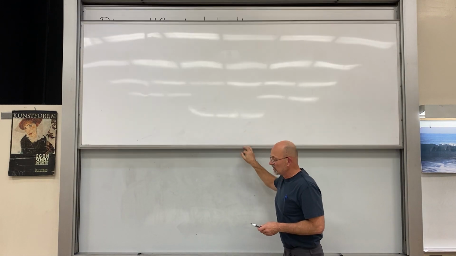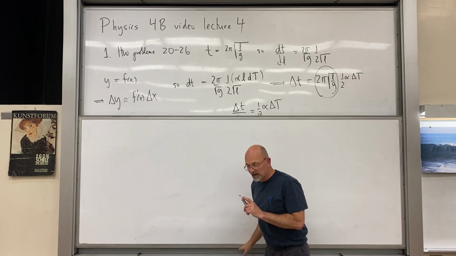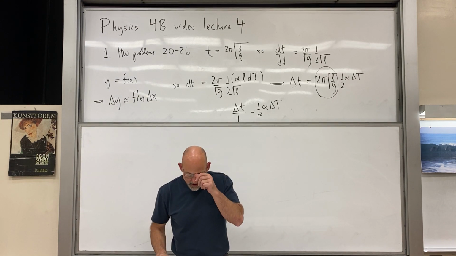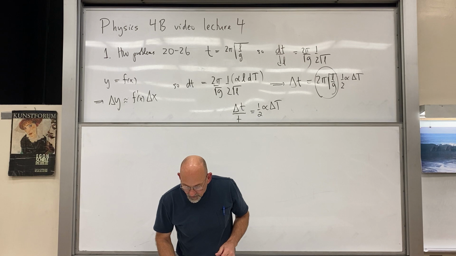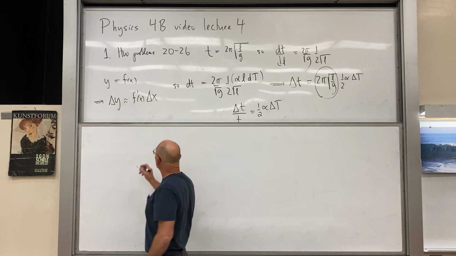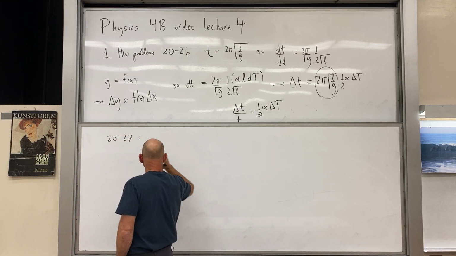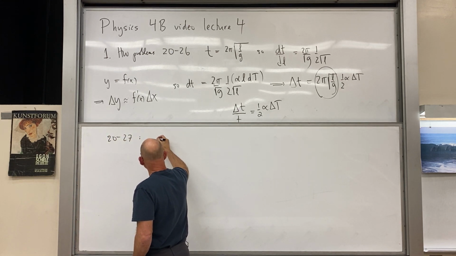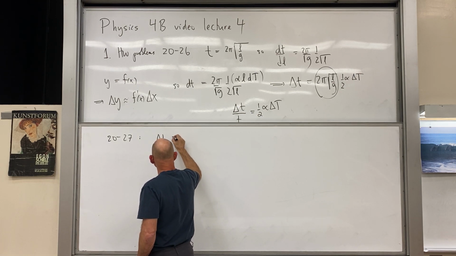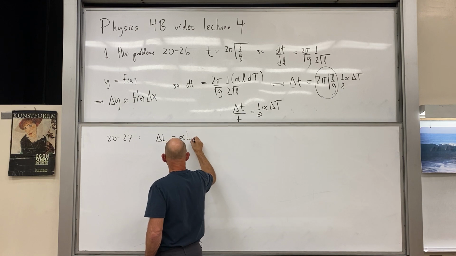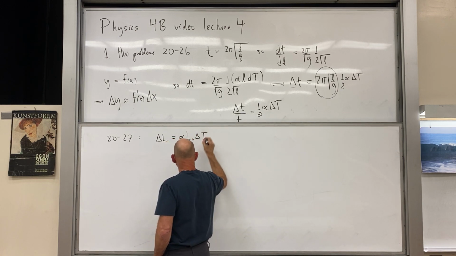Next problem, thermal expansion. And what else did we have here? Chapter 20, problem 27. This is really basic. So you have your law for linear expansion, delta L equals alpha L naught delta temperature.